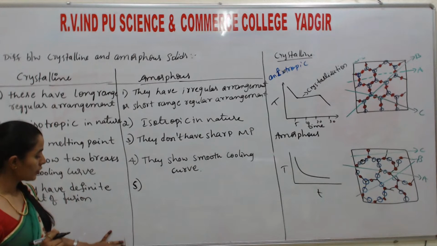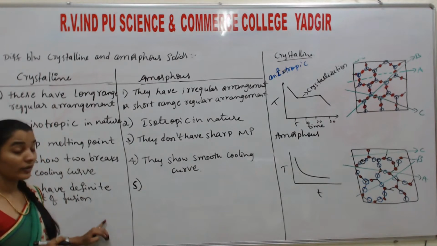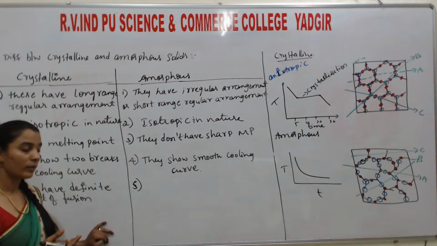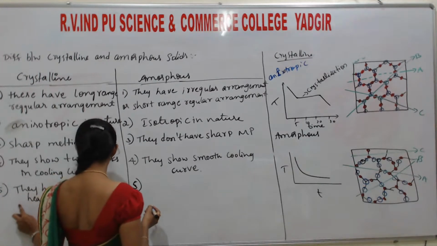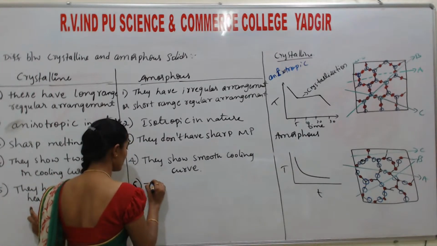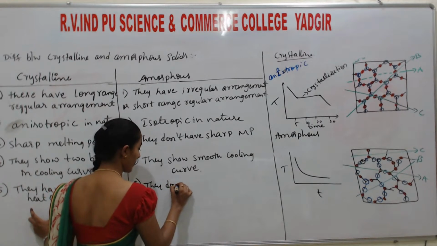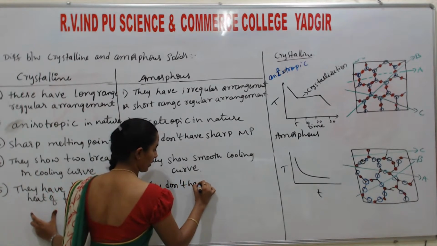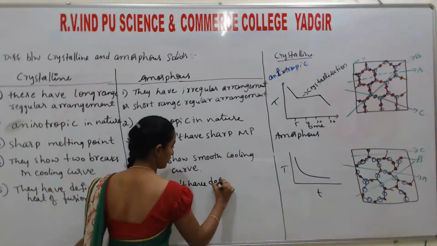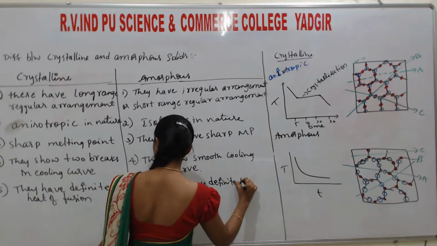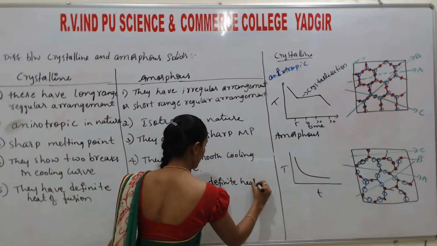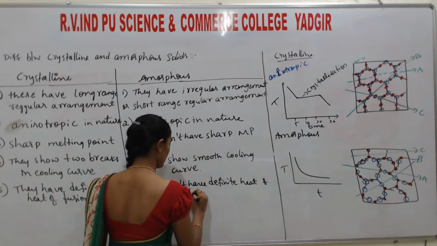Release or absorb depends on whether it is an endothermic or exothermic reaction. So crystalline solids have a definite heat of fusion, and of course amorphous solids don't have a definite heat of fusion.